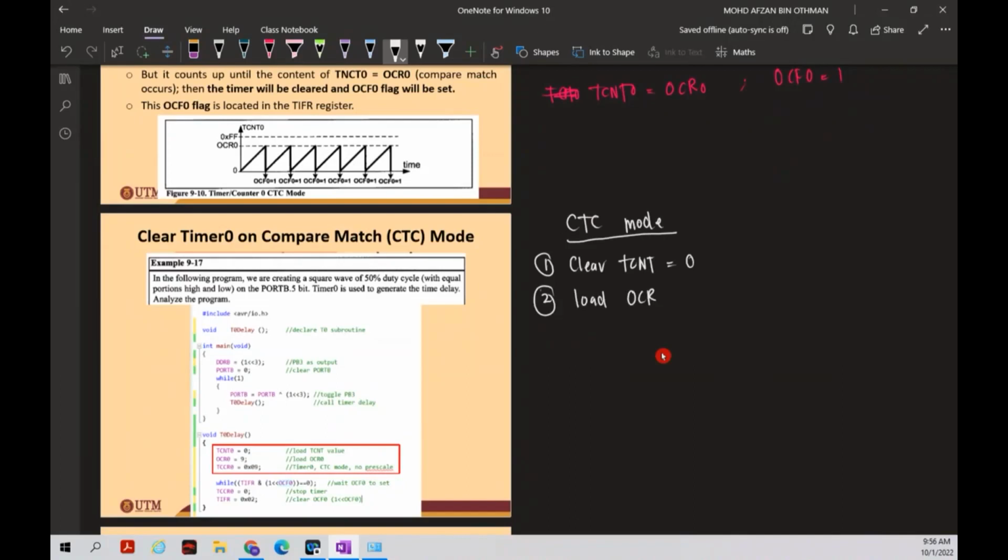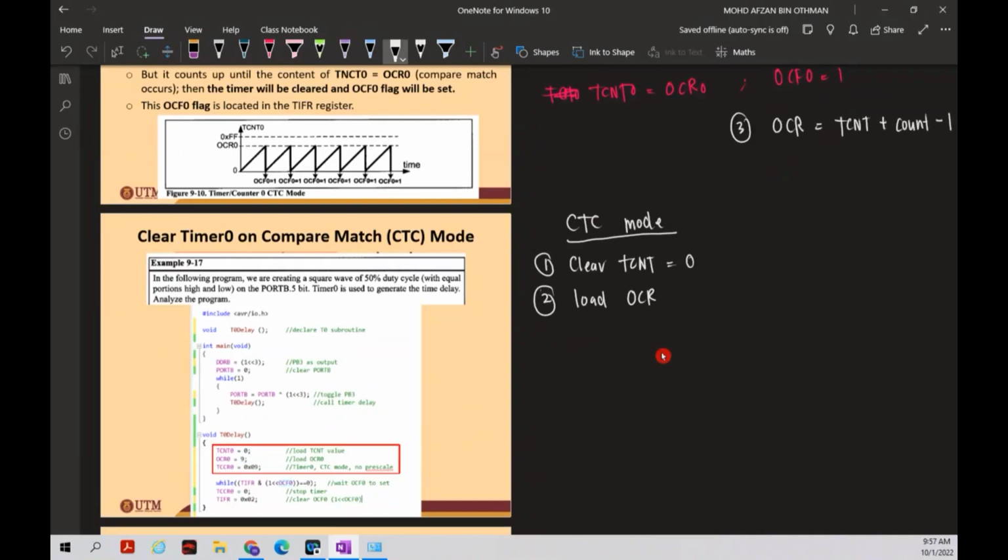How to load the OCR value? You need to calculate. Previously, you have three equations. The first equation is to find out what your T is. The second equation is to find out the delay. And the third equation for the CTC mode is OCR equal to TCNT plus count minus 1.